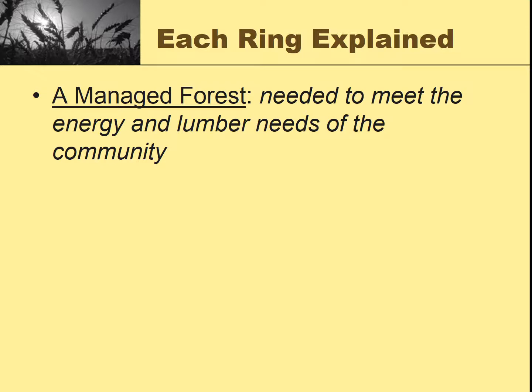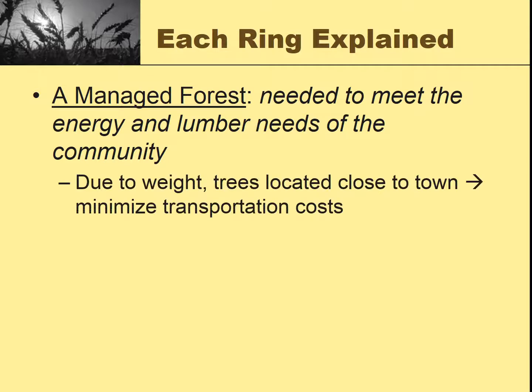In the next concentric ring, so the second concentric ring outside of the central city, we have a managed forest. This is needed to meet the energy and lumber needs of the community. Most people in the 1800s would have burned wood in their stoves to cook over and for other daily chores, so lumber would have been a daily necessity for most people.